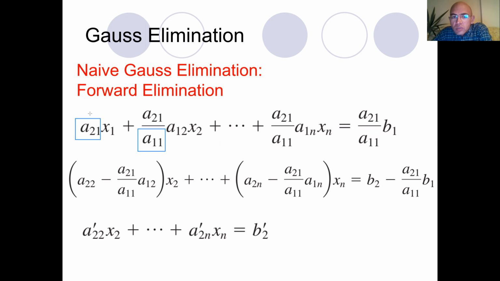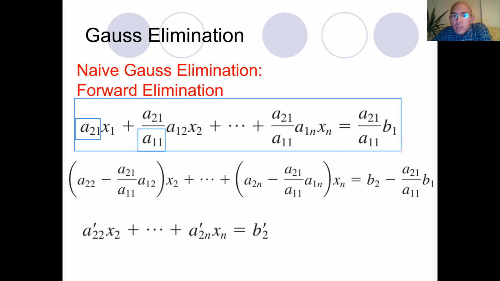So this is the equation that we obtain. If you subtract the second equation from the pivot equation, then what we are going to obtain is this.